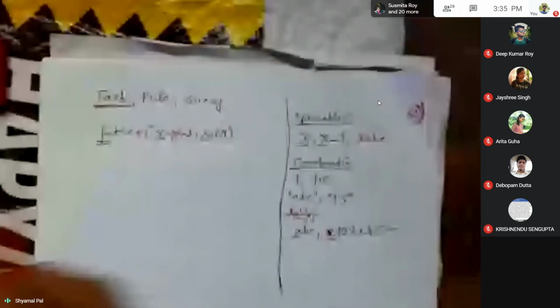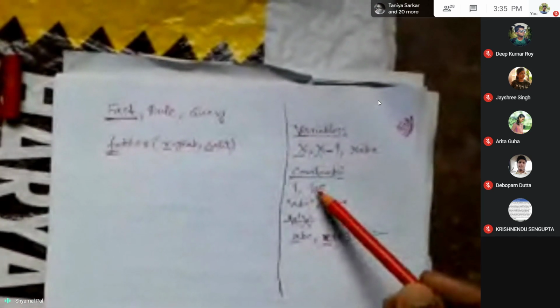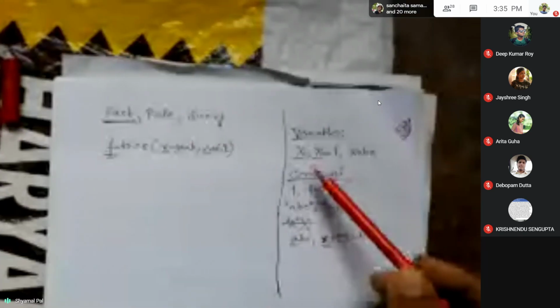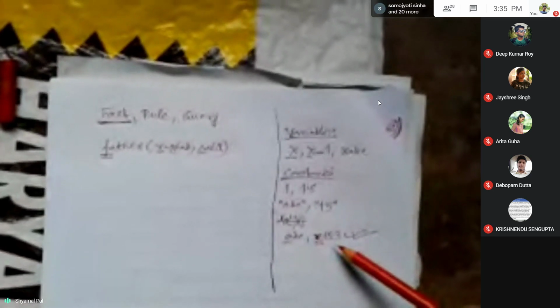And you will see that at the time of programming, no need to declare any variable types. If you are using a variable, it is capable of taking all these types of values: numeric constant, string constant, symbolic constant, anything.